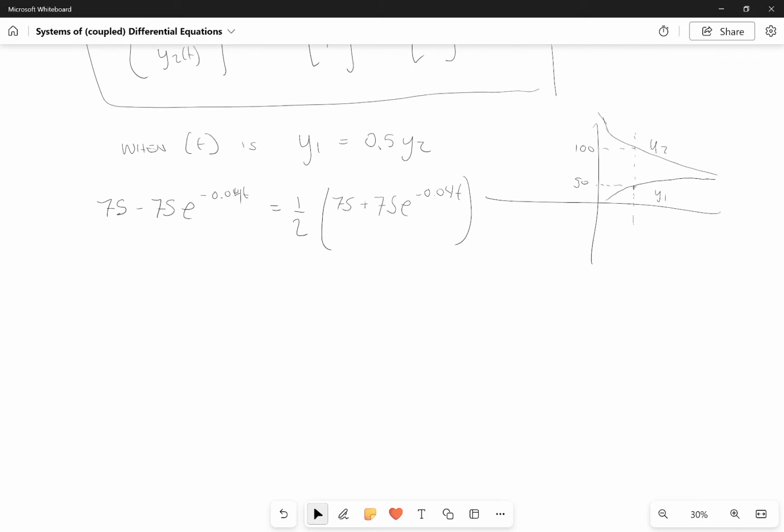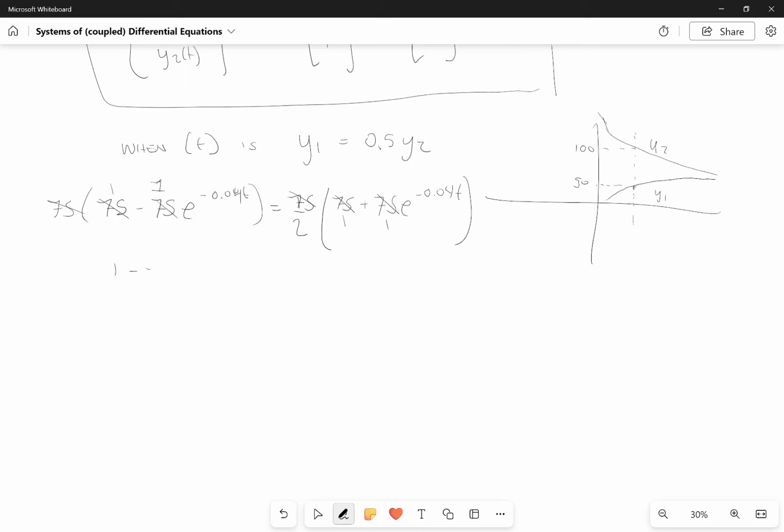All right, so what are we going to do? We can pull the 75 right out, make these just 1 and 1. We can pull the 75 out of this side as well, so that's a 1, and we can cancel out the 75.